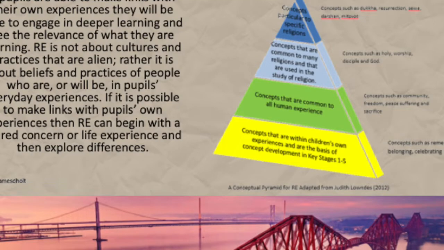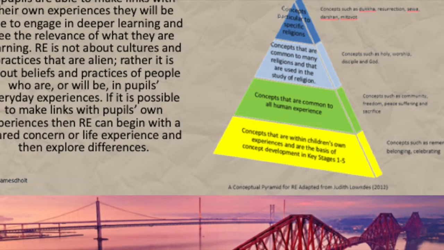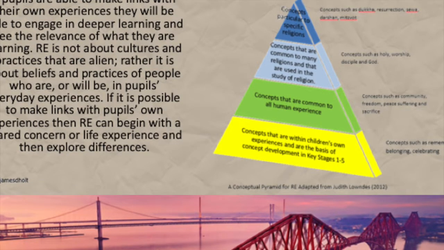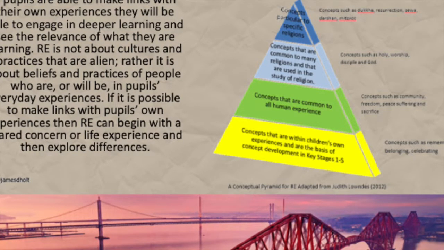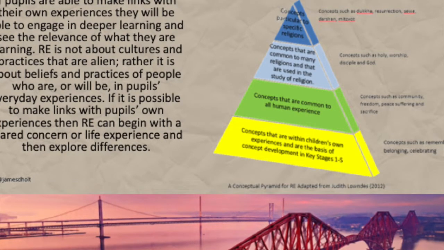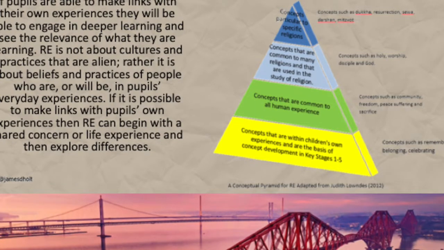I've adapted it slightly, but essentially it's as you see it in front of you at the moment. And when we teach, whether we're teaching nursery or we're teaching year 13, what we want usually is to teach the top part of this pyramid, the concepts that are particular to specific religions. And there are examples that are given here: dukkha, resurrection, darshan, mitzvot. So these are specific things within specific religions.